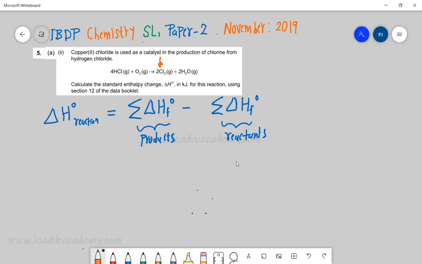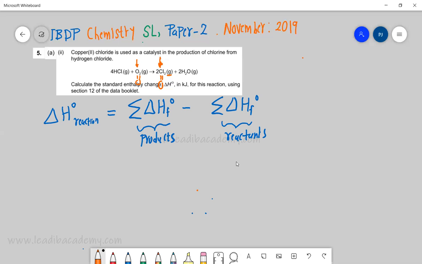And as per the convention, whenever any element is existing in its standard state, like chlorine existing in its standard state, that is Cl2 in the gaseous form, it would be treated as zero. Its enthalpy of formation is zero. Similarly, you can observe on the reactant side, oxygen is there in its gaseous state, standard enthalpy change is zero. This is very, very important to understand.